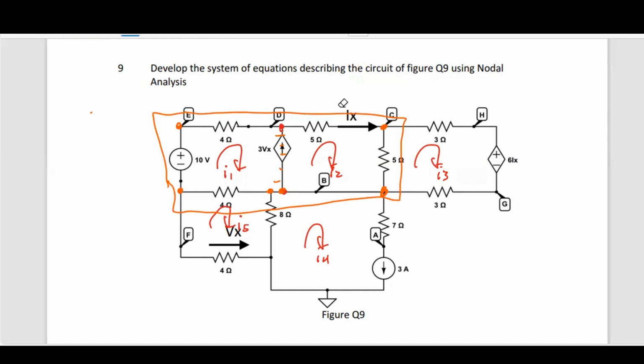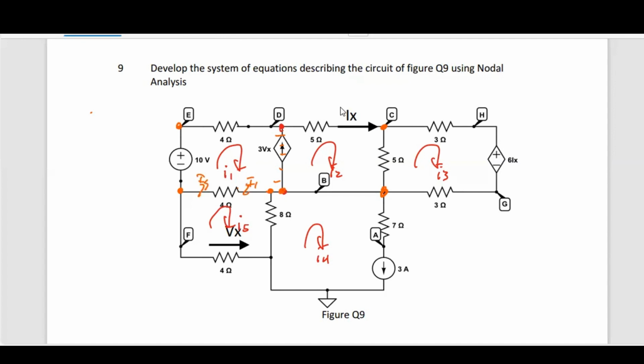You can draw the same thing and if I go through it, it will be 10 minus 4I1, skip that, then minus 5I2, because I need the I2 loop. Down to here, it will be minus 5I2 and plus 5I3, because I3 is going against it. Down to here, going through the 4, it will be minus 4I1, and then plus 4I5, because I5 is going in the opposite direction, so we assume.